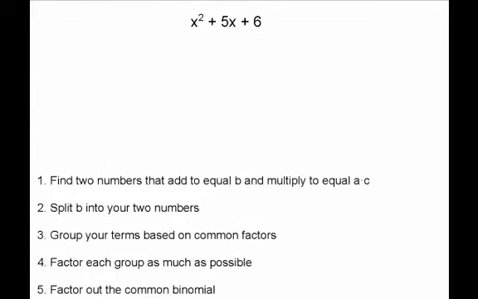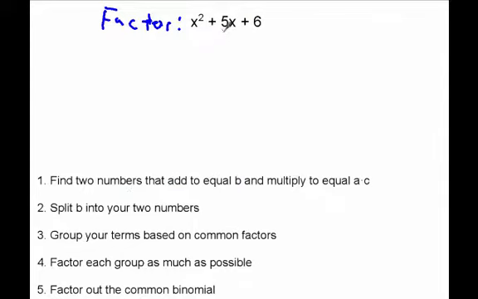So here's our first problem. We want to factor x squared plus 5x plus 6. Our first step says find two numbers that add to equal b and multiply to equal a times c.